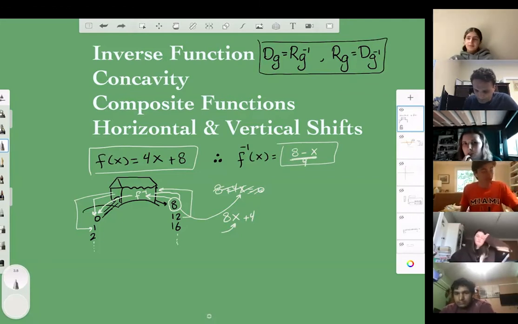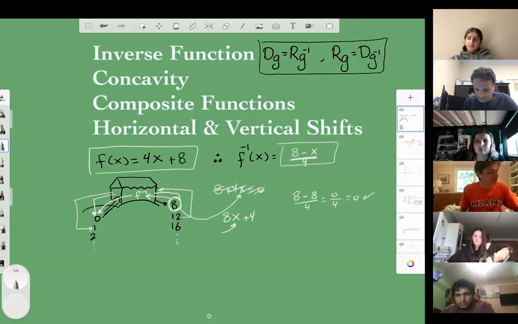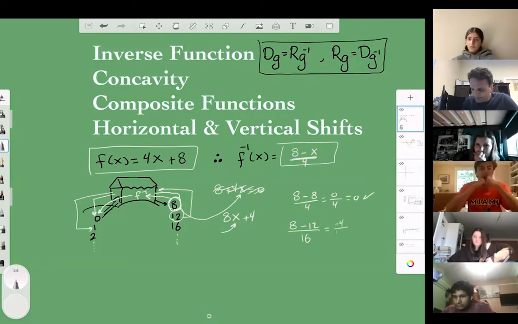I'm going to plug in 8. You have 8 minus 8 over 4, which is 0 over 4, which is 0. That's correct. Now I'm going to plug in 12. You have 8 minus 12 over 4, which is negative 4 over 4, equal to negative 1. That's not correct.